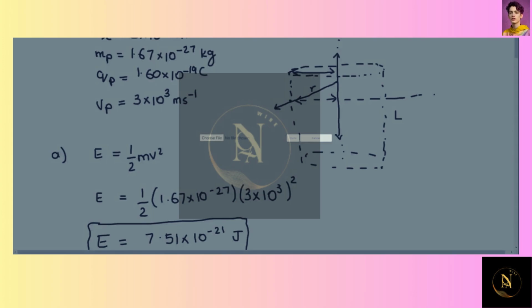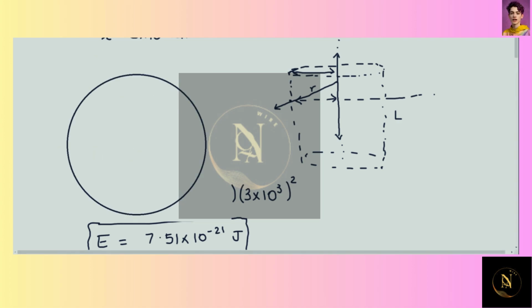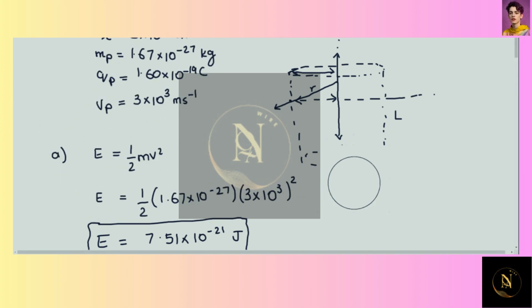So if you draw a cross section of the cylinder, so I'll do that by drawing a circle.